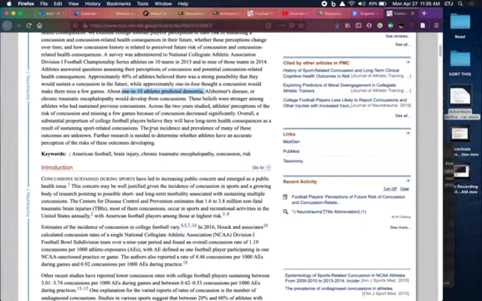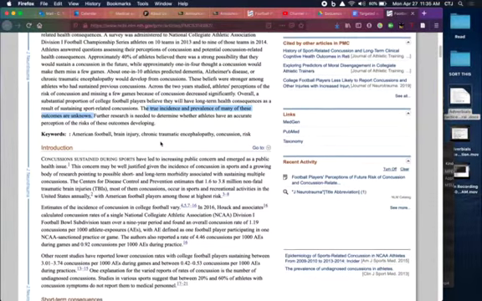So the true incidence and prevalence of these outcomes are unknown. More research has to be done, scientific, not just a survey about people's impressions, but studying people's brains needs to be developed.